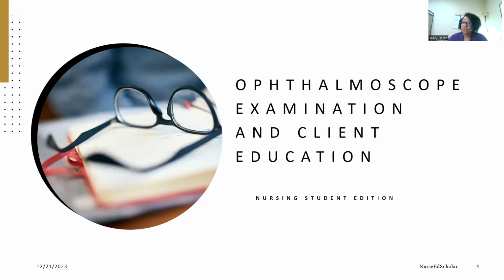But one thing that we look out for is a red reflex when we shine the ophthalmoscope in the eye, because this actually ensures the integrity of the lens. Okay, that red reflex is definitely something that you should see during an eye examination of your patient.